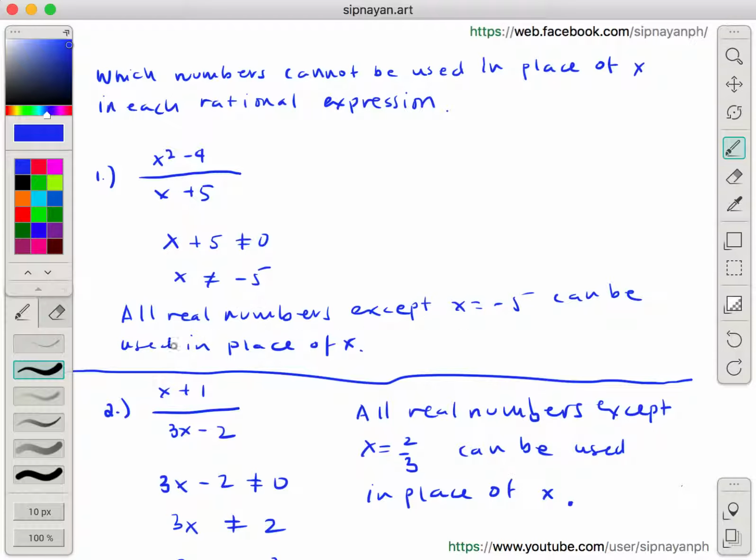Actually, when we talk about this, we're talking about the domain of the function, since this is only an expression. But if you put another variable here, it will determine the value of the expression. It becomes a function. And when we talk about the domain, we talk about the possible values of x that will make the function defined. So what we are discussing is related to the domain.